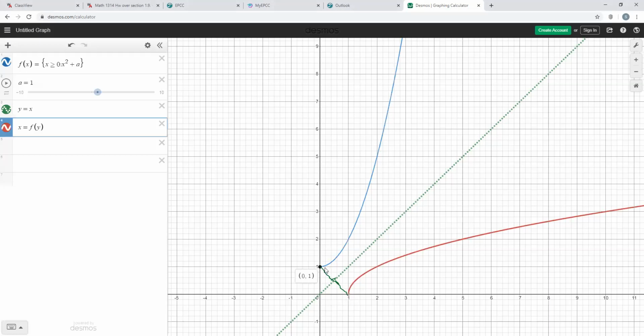They are inverse partner points, meaning when you reflect or you invert 0, 1, you get 1, 0. And the same with all these. Any point you pick, when you reflect it, that reflection point will be on the inverse function.